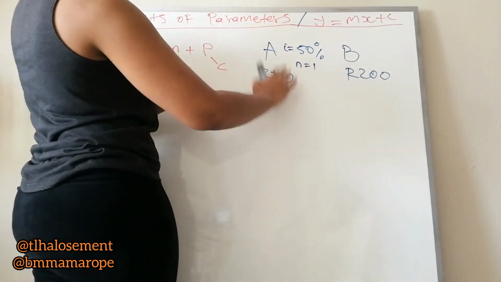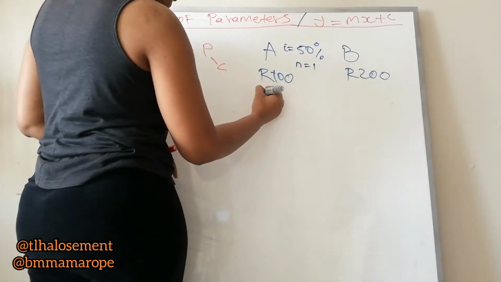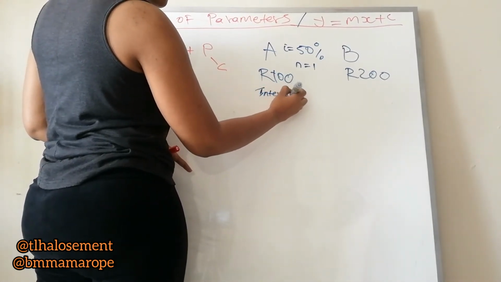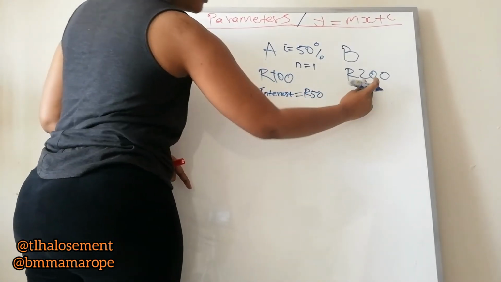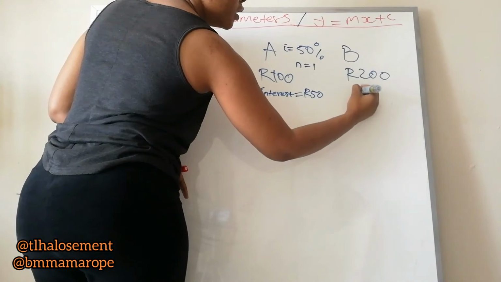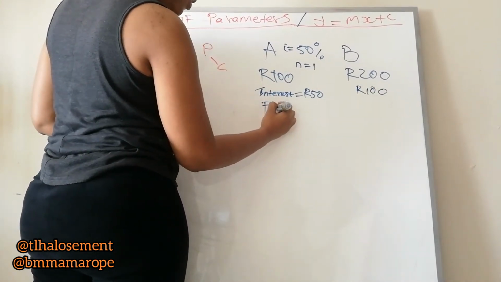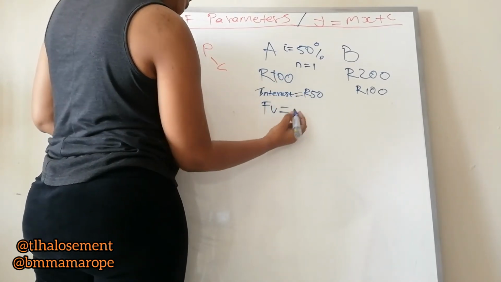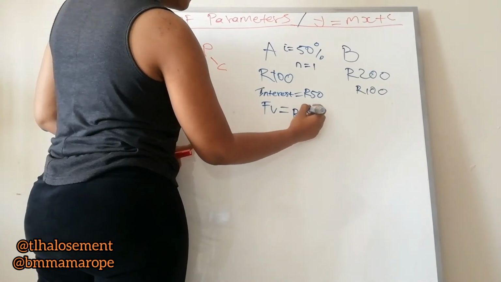N is equal to 1 year and I is equal to 50. After a year, this person will have 50% interest, so their interest will be 50 Rand. This one's interest will be 100 Rand, and their future value will be the principal amount plus the interest, which will be 150 Rand.